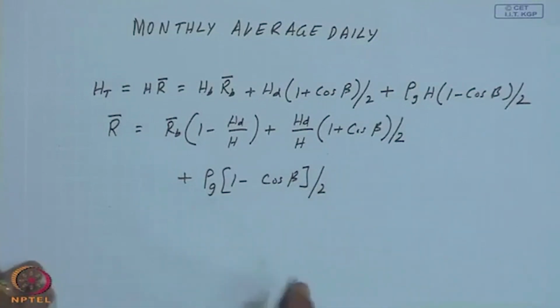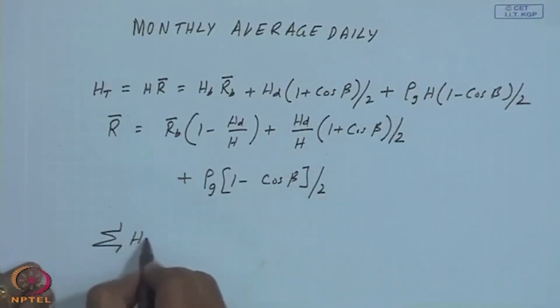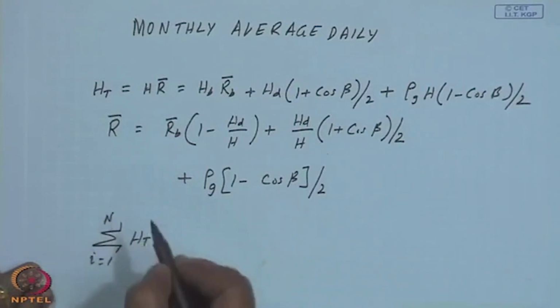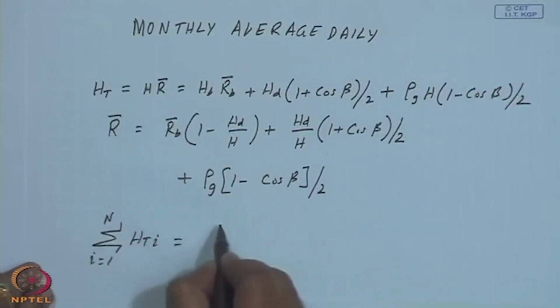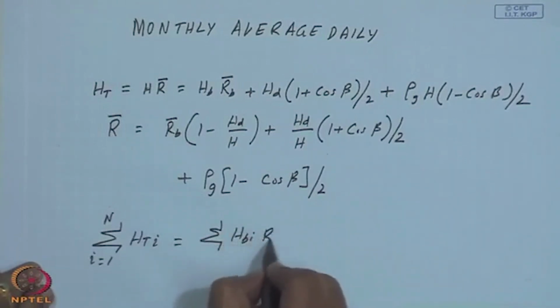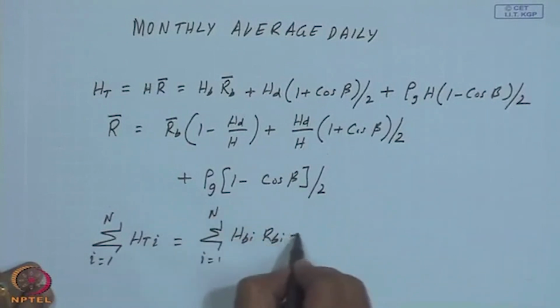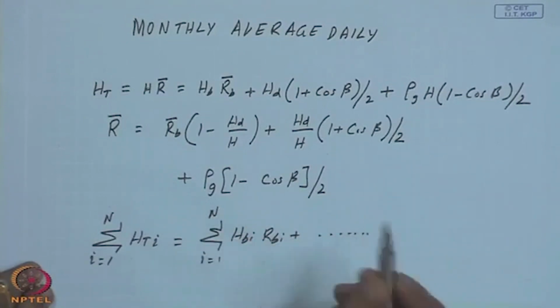Now, if we sum it up over all the days in the month, i varying from 1 to n, we will get several terms: HBi, RBi, i equal to 1 to n, plus so on and so forth.